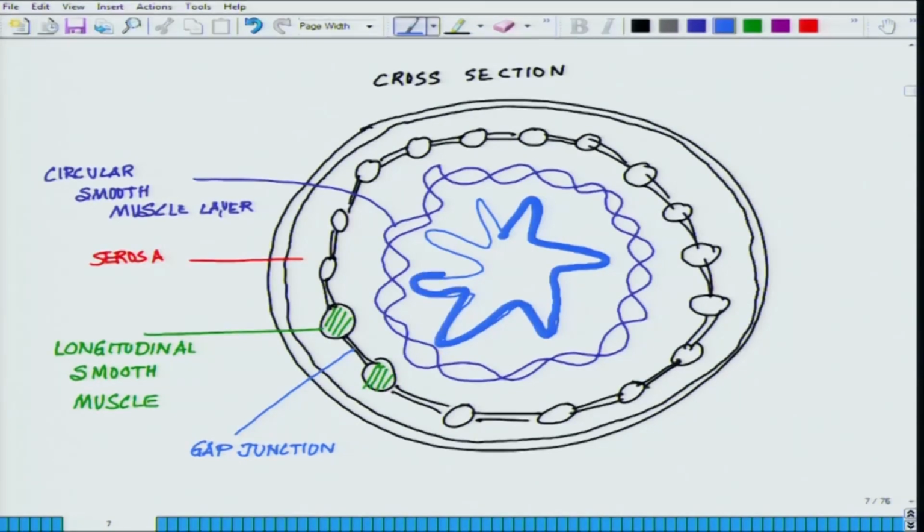All of them are thick double layered structures, and this is called your mucosal layer, and the central cavity, which you see out here, is called lumen.